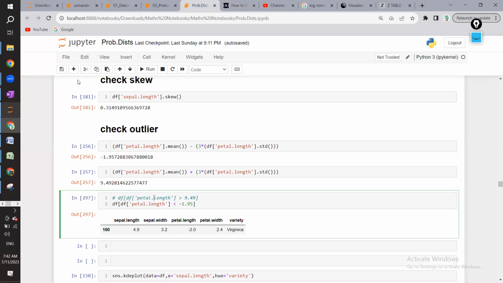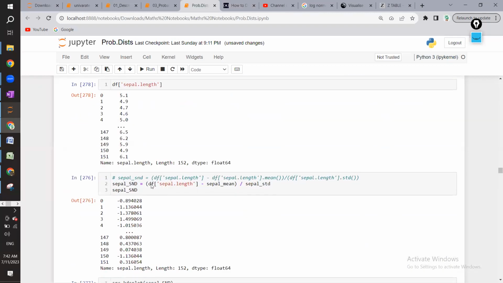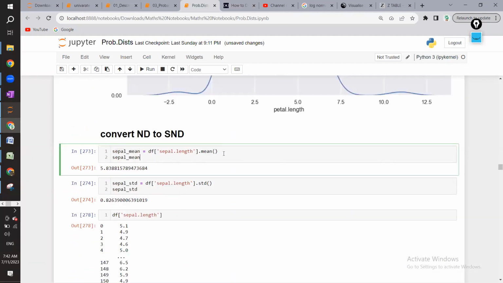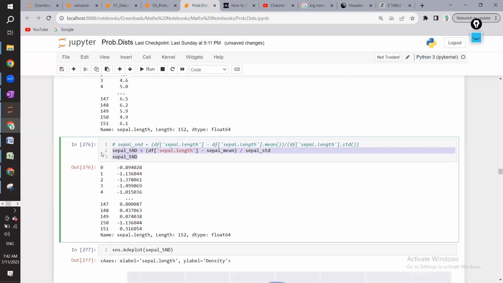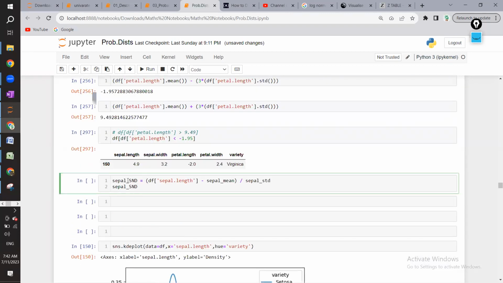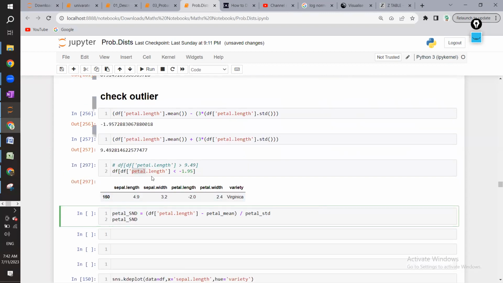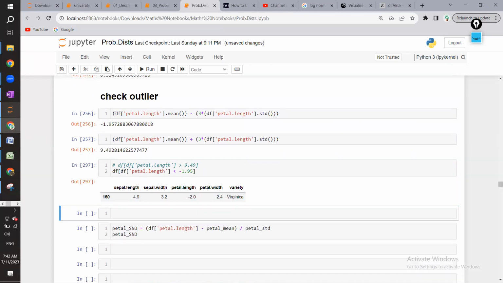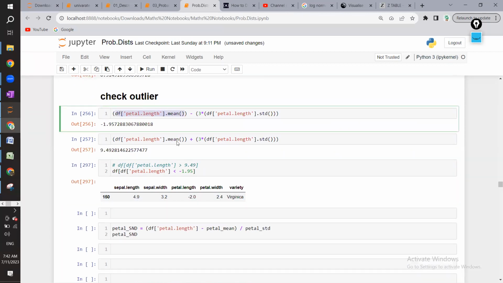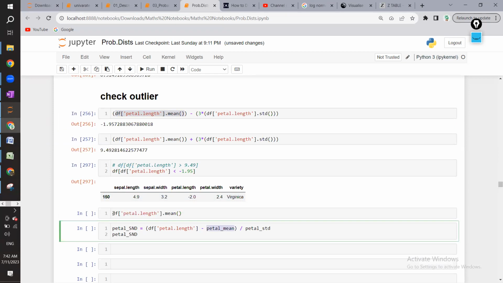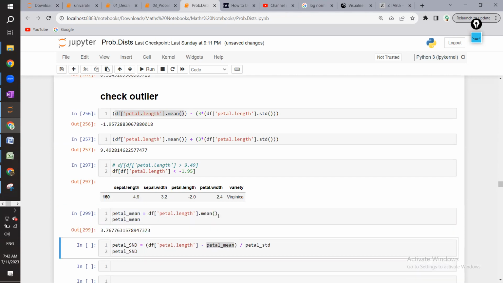But for the petal length, if you want to convert it into standard normal distribution, how will we do it, guys? We have the mean and the standard deviation. So the petal mean will be this, agree?